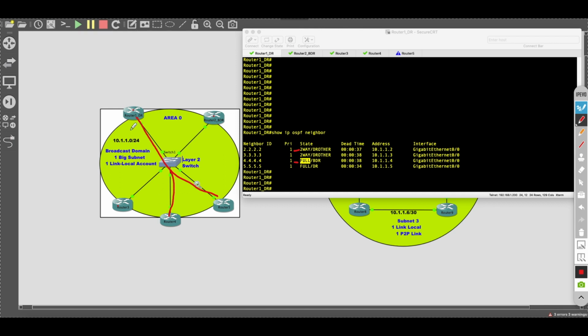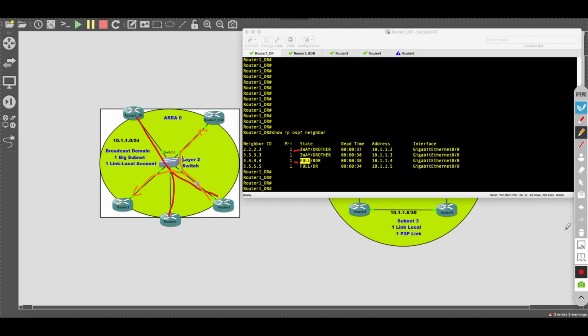So router 1 will only send topology information to router 5 and router 4 under this scenario. The designated router and backup designated router will in turn redistribute that topology information back down to router 1, router 2, and router 3 to begin building their topology tables.